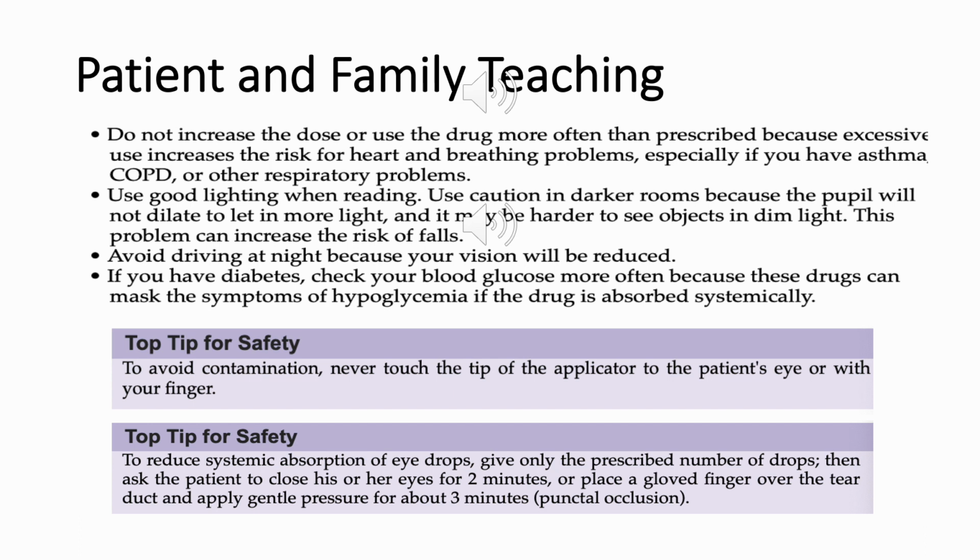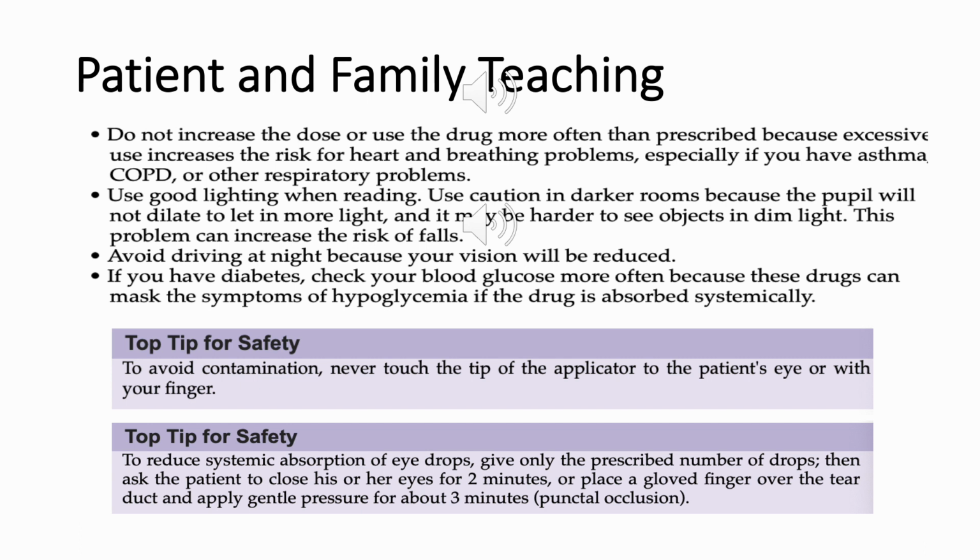This problem can increase the risk of falls. Avoid driving at night because your vision will be reduced. If you have diabetes, check your blood glucose more often because these drugs can mask the symptoms of hypoglycemia if the drug is absorbed systemically.